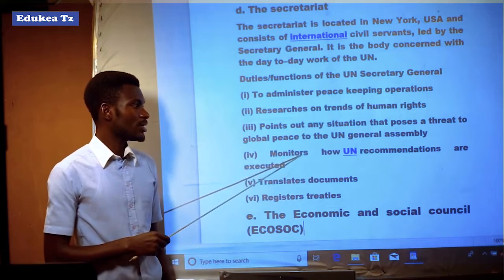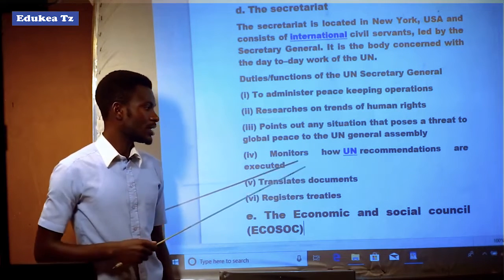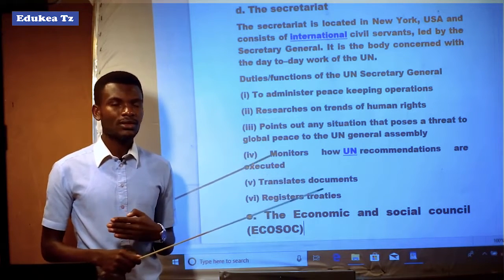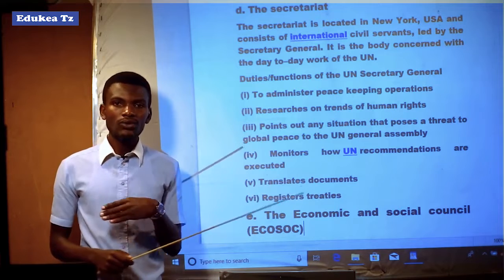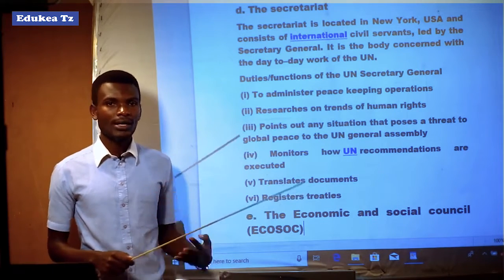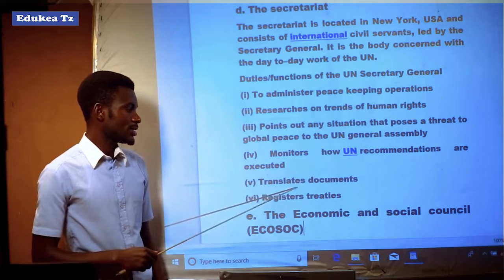Another, it monitors how UN recommendations are executed. The Secretary General is there to monitor how the UN recommendations are executed. Another, it translates documents.